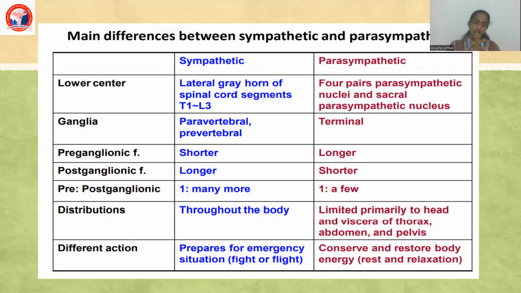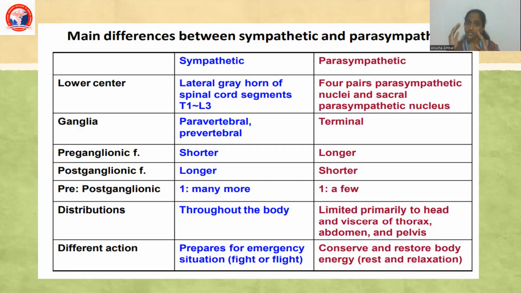I have already told you that the preganglionic neuron of the sympathetic nervous system will be short, which means its ganglia should be located very close to the spinal cord. So the ganglia position will be either paravertebral or prevertebral in the sympathetic nervous system.